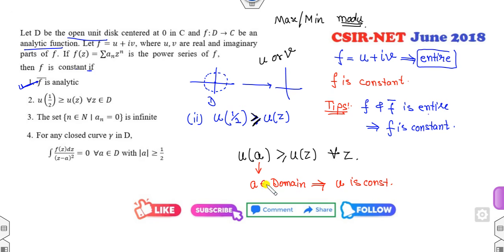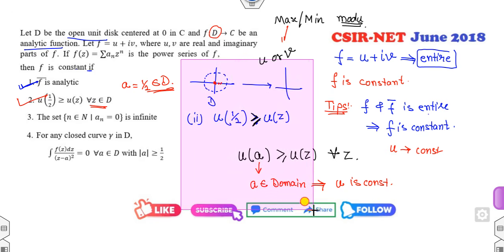Now my target is only to prove that a is half. Is it part of the domain? The domain is the unit open disk, so half lies inside. Yes, it's part of it. By the maximum modulus principle, u is constant. So if u is constant, then v and f are also constant.